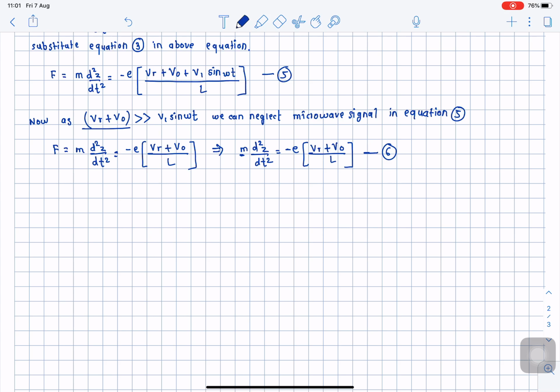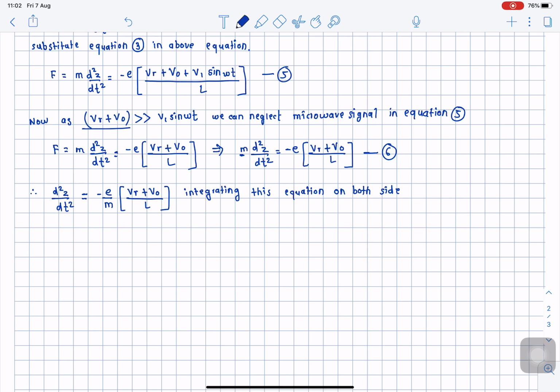On the left hand side we get d2z upon dt square, and on the right hand side this can be written as minus e by m into bracket repeller voltage plus DC voltage divided by capital L. Right, now integrating this equation on both sides.